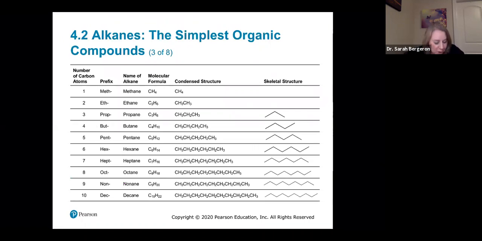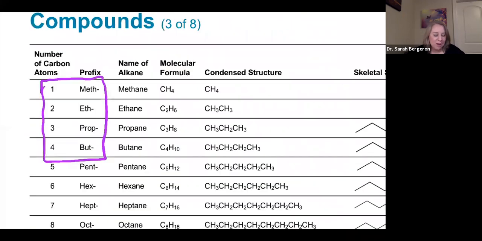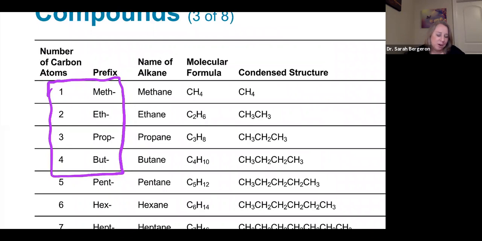So our 4 weird ones, 1, 2, 3, 4, are methane, ethane, propane, and butane. The 5 through 10 are the same prefixes you had to learn for covalent compounds, so those shouldn't be bad. But how do you remember the first 4? This is how I remember the first 4. It's kind of a silly little mnemonic device, but it works.